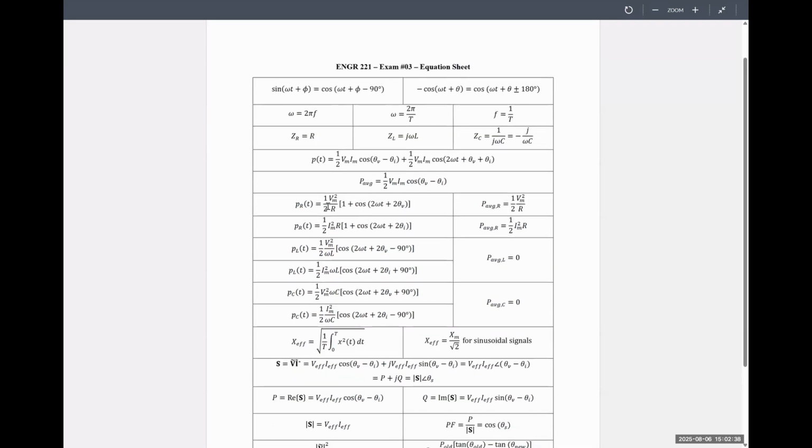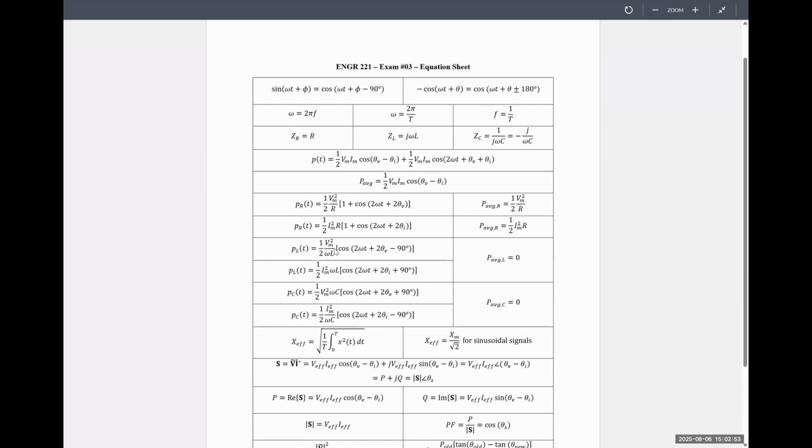Then we have the instantaneous power equation for a generic element, and average power for the generic element. It is just the DC part of that instantaneous power relationship. Then we have our instantaneous power for resistors in terms of only voltage, instantaneous power for resistors in terms of only current, average power, same thing.